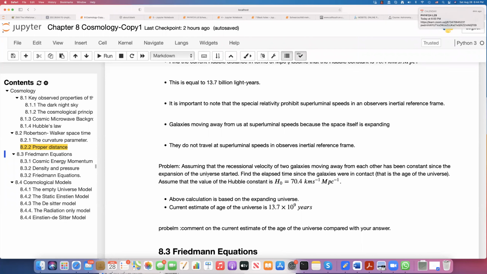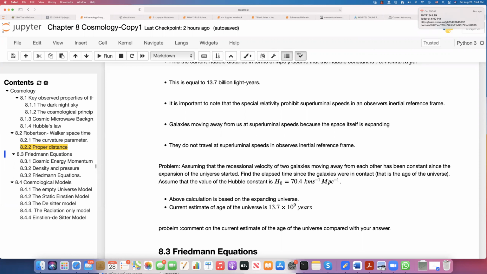Now, making that assumption, I am asking you to find the elapsed time since the galaxies were in contact. Because if we think about these two galaxies before the expansion, they should be in contact with each other. So that is when the expansion started and the space started to expand, and that is where these galaxies started to move away from each other, right?